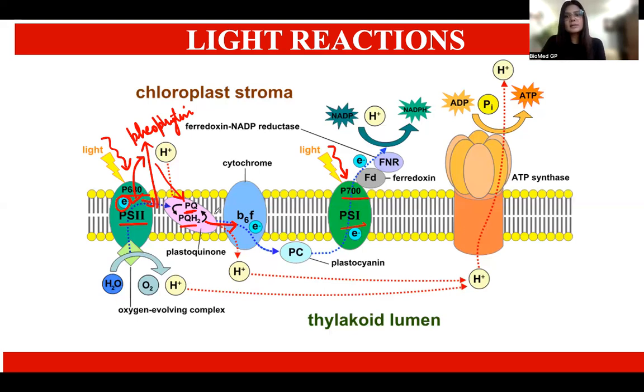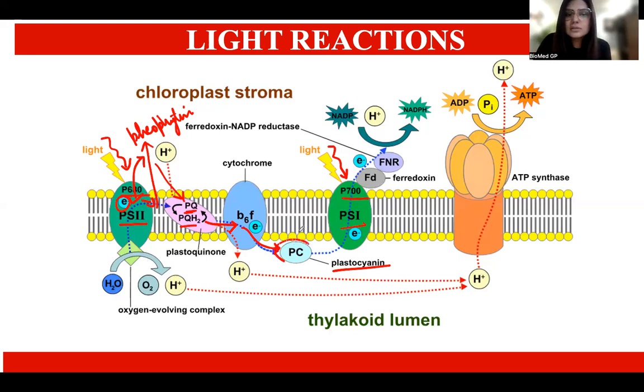So cytochrome is the next acceptor molecule. After the cytochrome has gained the electron, now is the time to transfer it to the next acceptor molecule. The next acceptor molecule in the series is known as the plastocyanin. Now, plastocyanin has received the electron. Where this electron is going, we will look at after we have discussed what is happening at photosystem 1.